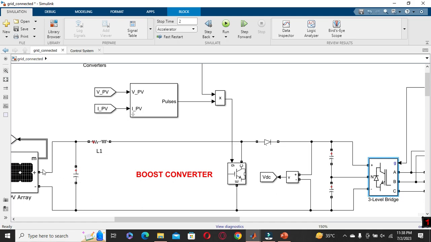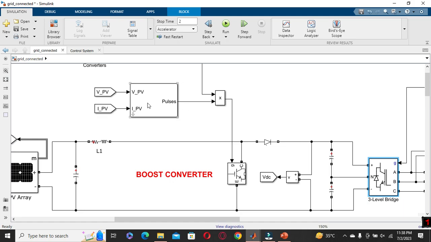Let us suppose our solar panel is producing minimum voltage, like in the evening at 6 p.m. or 5 p.m. Obviously its voltage level becomes low. So what will our MPPT controller do?